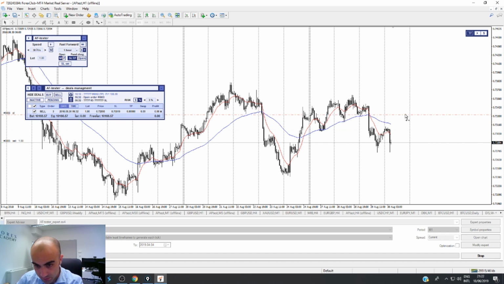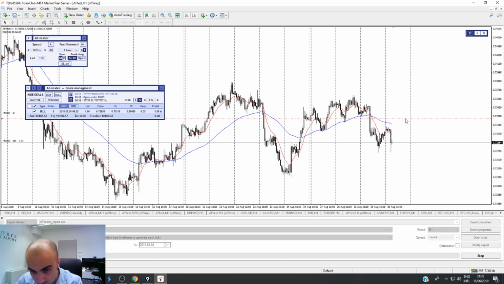I'm going to place, as I told you, the stop loss on top of our blue line, EMA 72, and the take profit we place below this rejecting point.